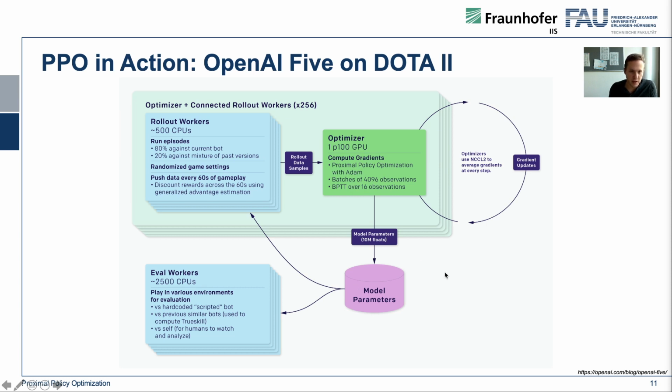You can update your model parameters that describe your policy, and then you can distribute your policy to the rollout workers to keep on doing the iterations. So this really nicely works in practice, and you can really distribute all the work to perform updates to your policy.